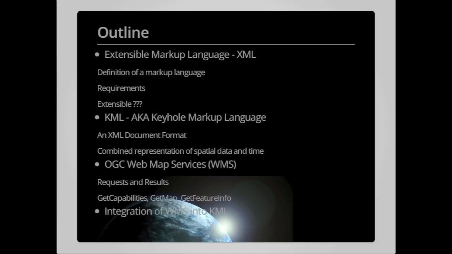Finishing with a brief discussion of the integration of WMS into KML, as both are OGC services, and a part of the KML specification recognizes the capabilities of WMS as one of many sources of map imagery information that can be integrated into the system.